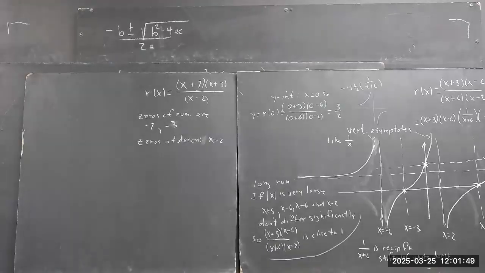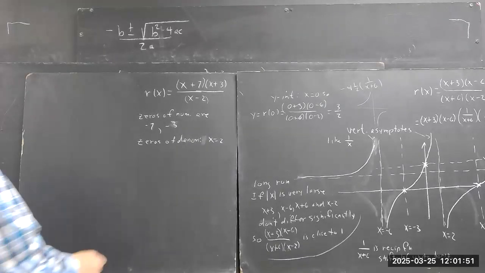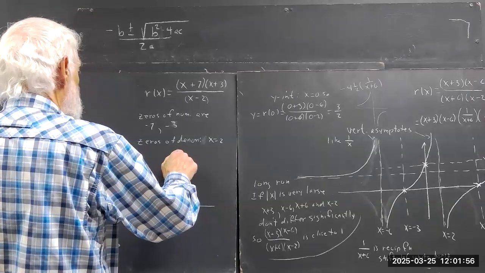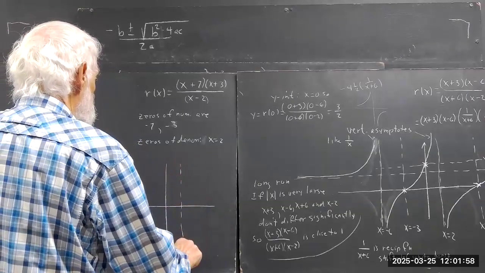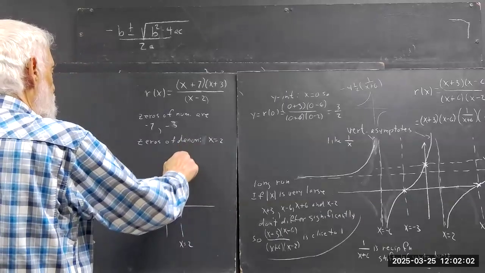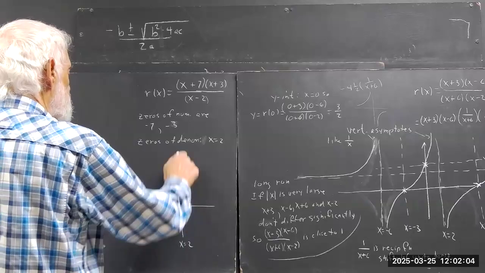And the denominator has just one zero, that's at x equals 2. So let's put x equals 2 here. And that's a zero of the denominator, so it's an asymptote.